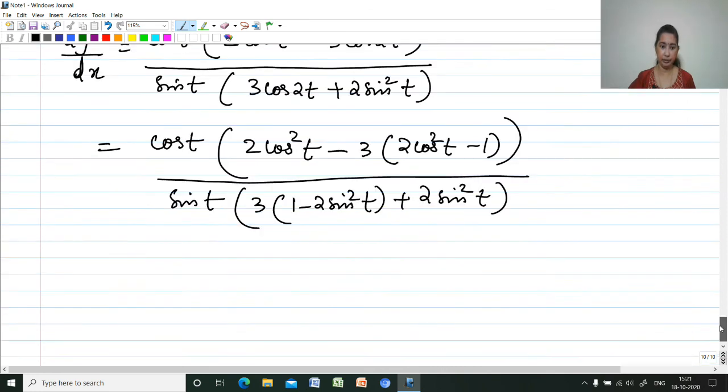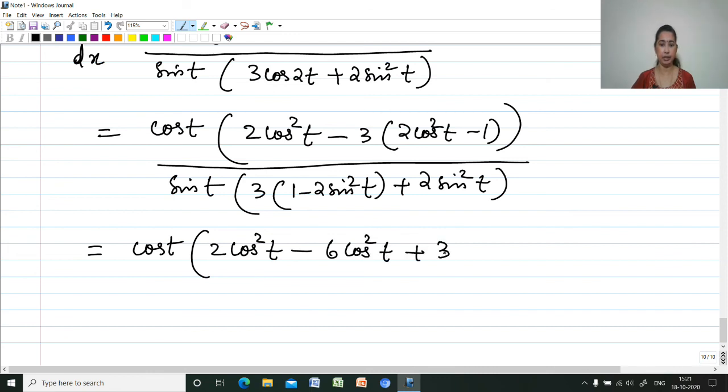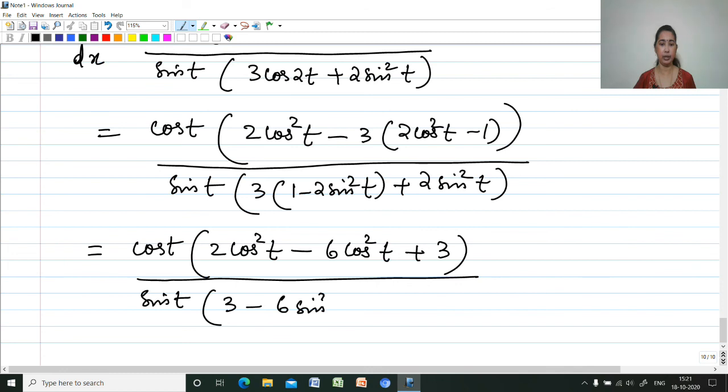Again simplifying, cos t into 2 cos square t minus 6 cos square t plus 3 divided by sin t into 3 minus 6 sin square t plus 2 sin square t.